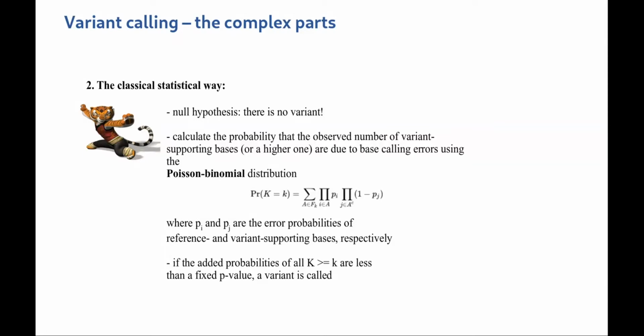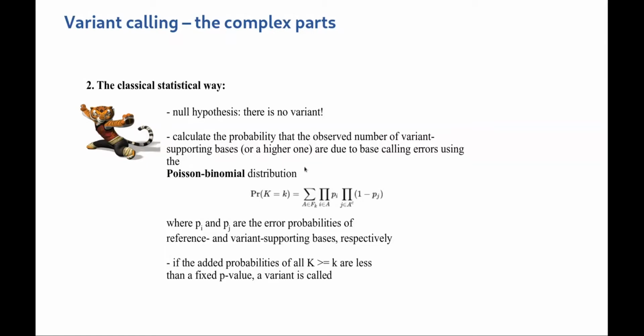In this case, your null hypothesis would be there is no variant at that site I'm looking at. You go through the sites one by one in the pileup. Your null hypothesis at every site is always there is no variant, and then you're trying to get evidence for the opposite and reject that null hypothesis.